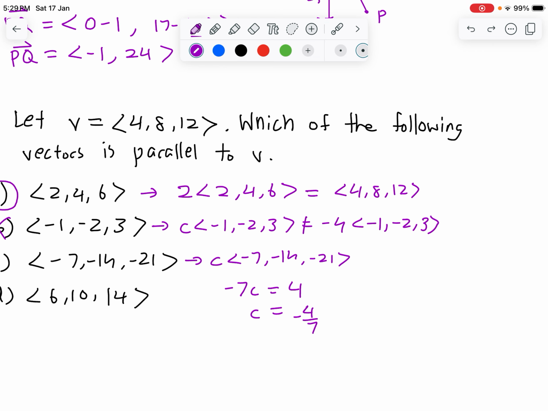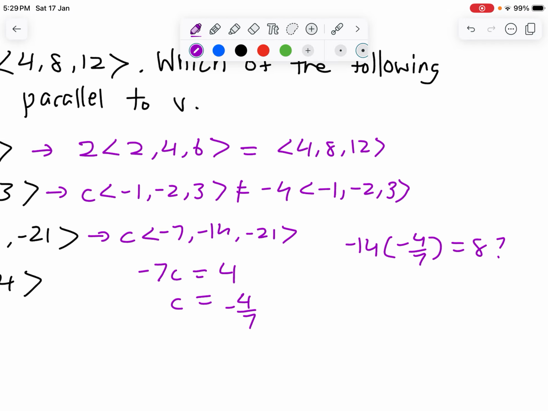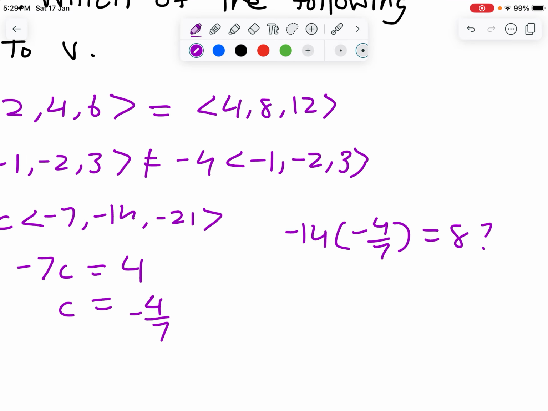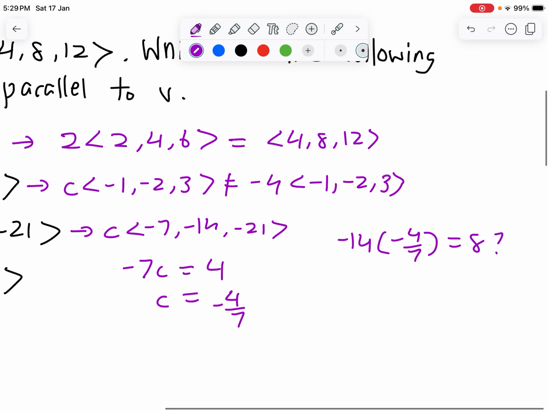So I have -14 times -4/7, and let's see if it's equal to 8. So to do that, I basically just multiply, so 14 times 4, you get 56.